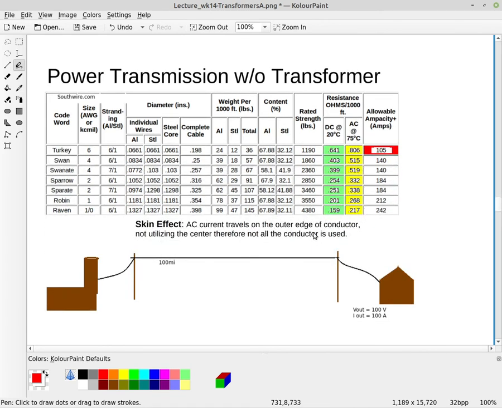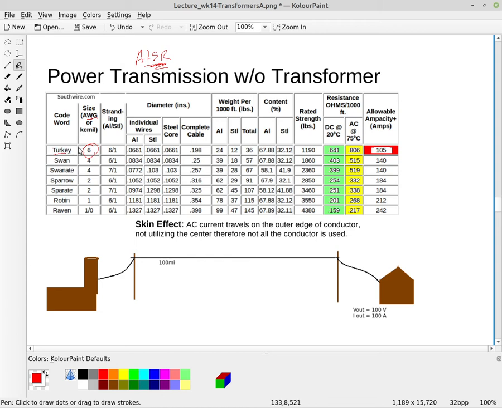Now, here is the ACSR table for different types of wire. I just selected the top one here. This was 6 gauge, American wire gauge, 6 gauge wire.